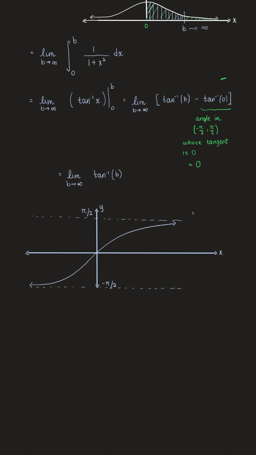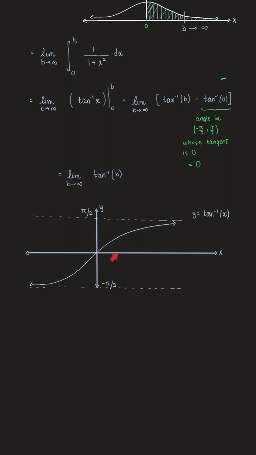And this function takes in ratios of a right triangle and gives you an angle whose tangent is that ratio, that value. And so we care about how this function behaves as the input gets arbitrarily large.